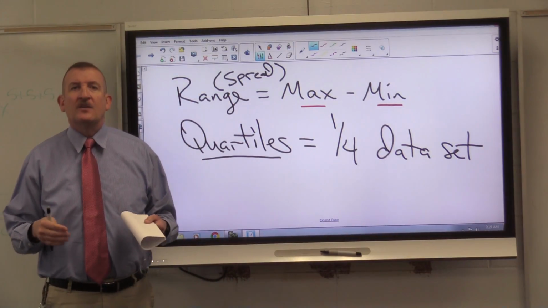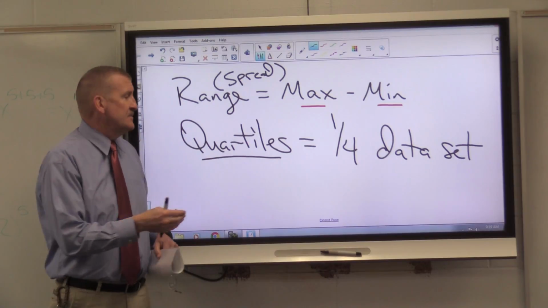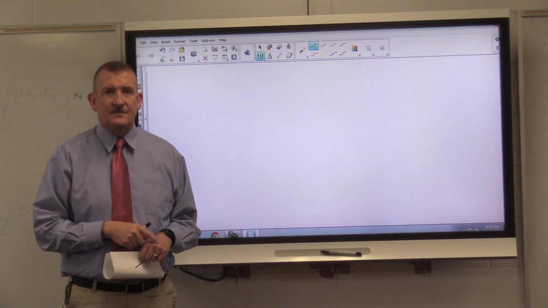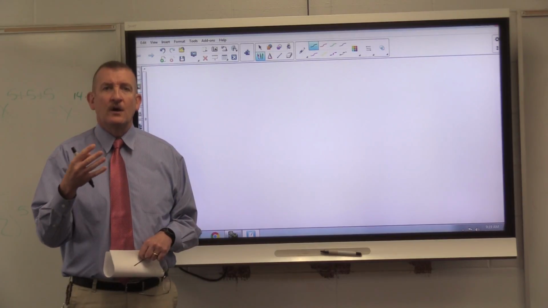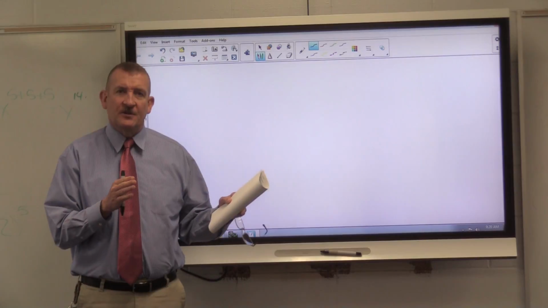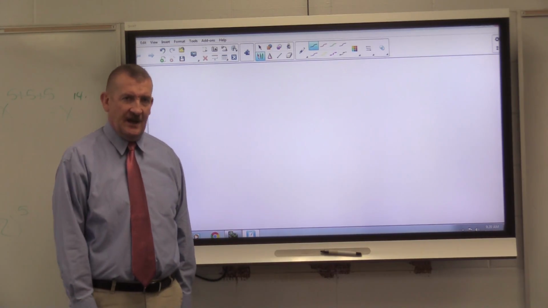So that means in a data set, you're going to have 4 quartiles, and those quartiles are broken down into 1/4 or 25% of your data set.